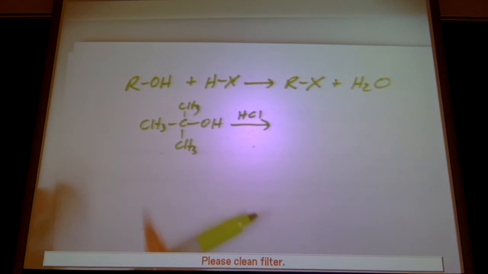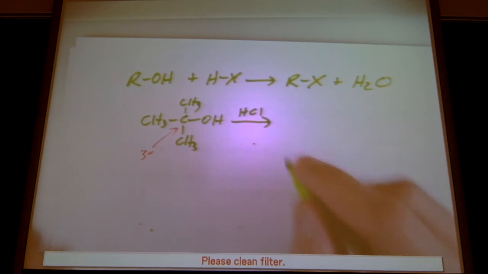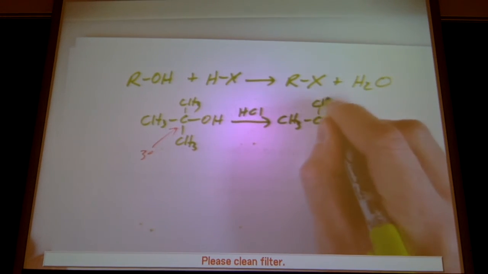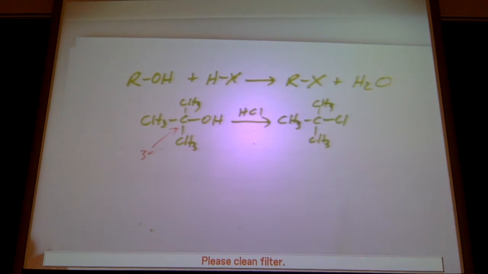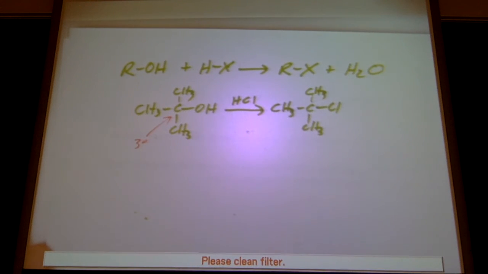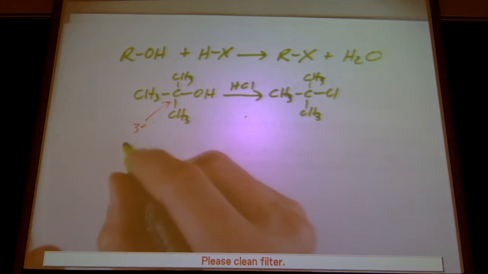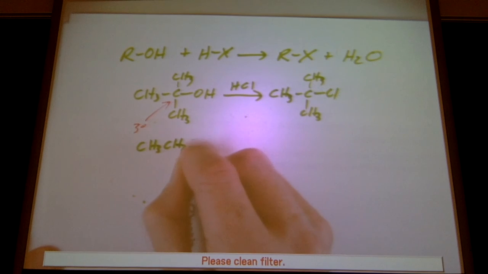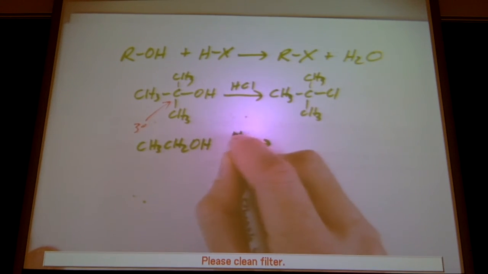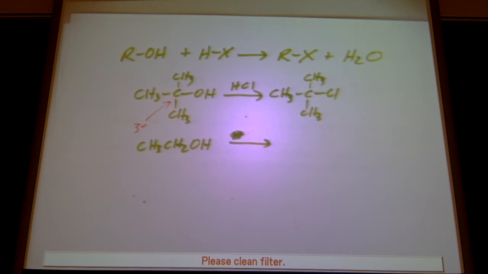So this one is tertiary, so HCl works better. And this is one of the reactions that we'll actually do in lab. We're going to take t-amyl alcohol, mix with HCl, and get the t-amyl chloride. But if you had a primary alcohol, it's going to form a primary carbocation, which is not very stable, so using HCl would not work very well.